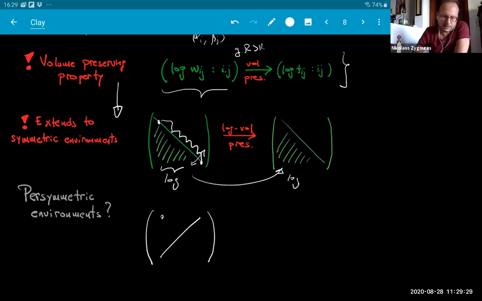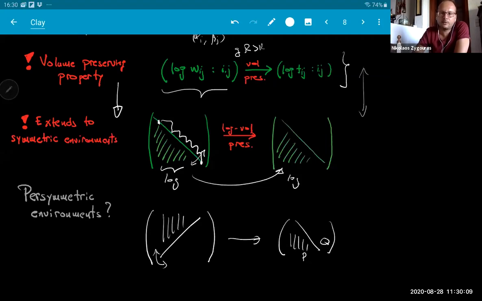Now, one thing that was missing in the extension of this approach was a volume preserving property. So there are certain combinatorial aspects that indicate that if you have a matrix which is symmetric along this diagonal, then the P and the Q tableau that you get when you do RSK or geometric RSK are sort of related. So here we want basically a volume preserving property between the set of independent variables, which is the upper left corner on the left side and the lower left corner on the right side.